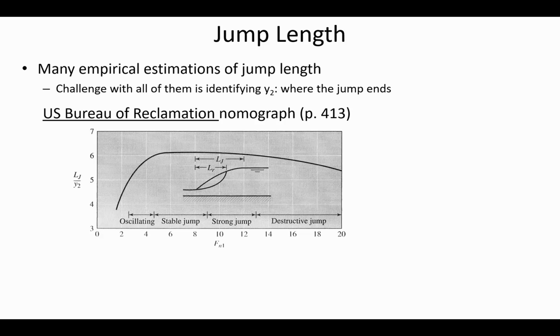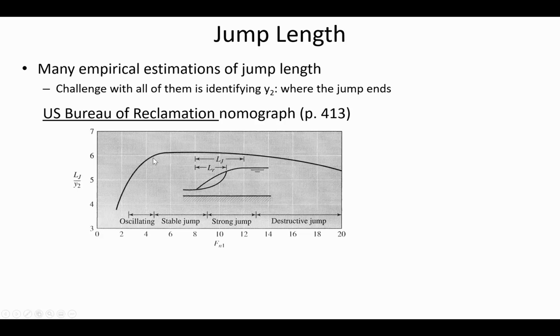Last thing I wanted to point out is that there are a couple of different ways to estimate how long a hydraulic jump is: the length of the rollers and the length of the jump itself. The rollers are where you're seeing a little bit of foam and white, like the white entrained air. So you could use a figure where you've got the Froude number on this axis, and then you intersect the curve, and then you go over to the left side, and that gives you a ratio of the jump length to the depth downstream.